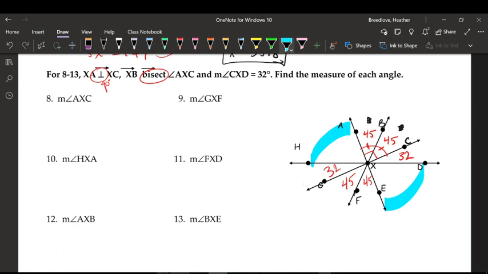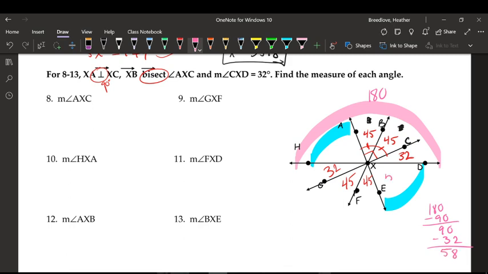Okay, so how can I figure out what that is? Would that make a straight line, that pink curve? Which would be 180, right? So if I did 180 minus 45, minus 45, so minus 90, which is 90, and then minus the 32 is going to give me 58.